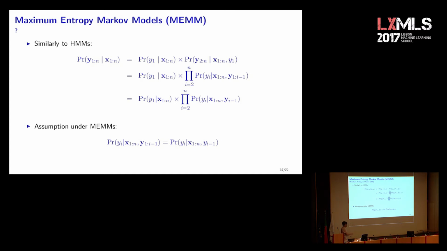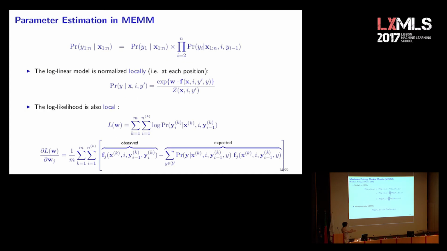If we believe this, and it is an assumption, we can make this simplification. I've been talking quite a lot about building distributions from sequences to sequences. If you take this assumption, you can break it down into distributions like this. This is what we call a local distribution. The distribution over sequences breaks down into a product of distributions over one tag at a time, which means the log linear model is normalized locally.